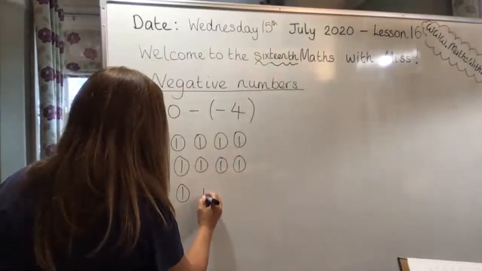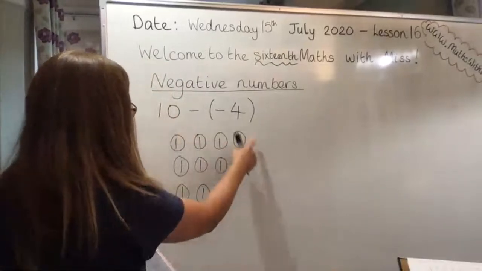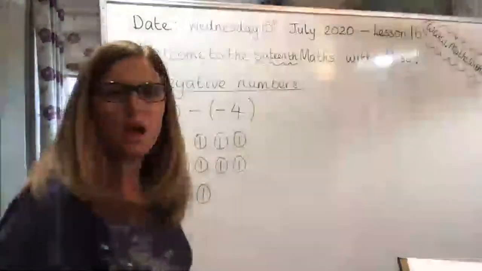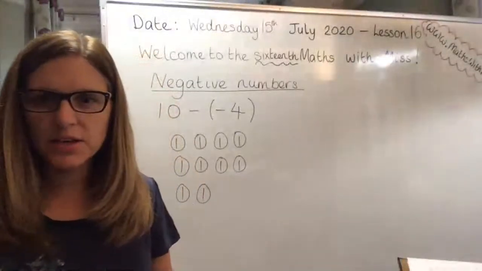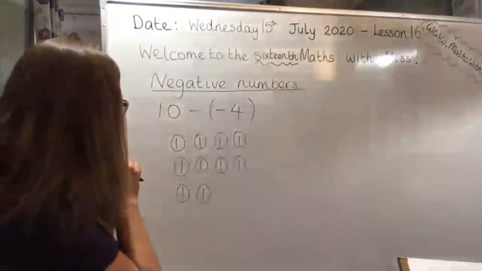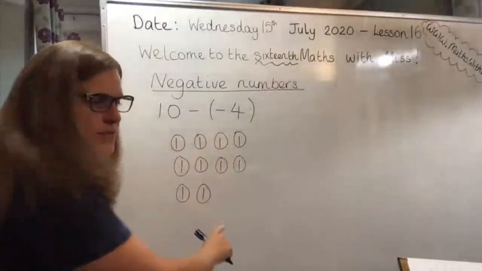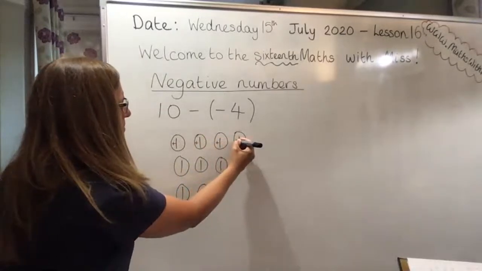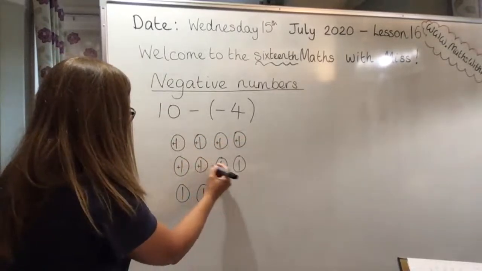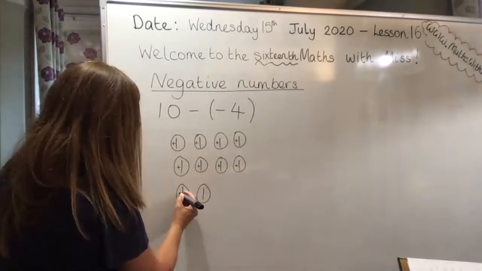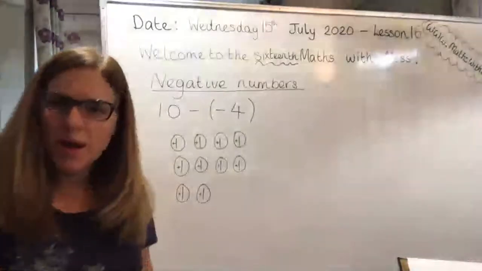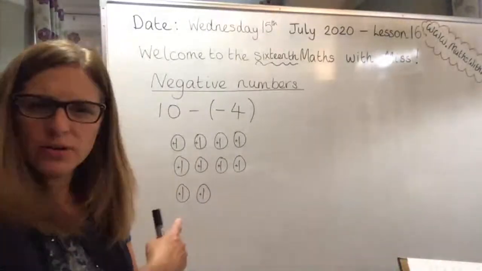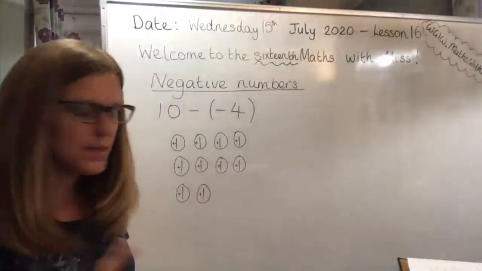So there's my 10. I'm subtracting a negative 4. I don't have any negatives here. These are all positive. I haven't written a plus because the positive is implied, isn't it? But I need to subtract a negative. I haven't got any negatives. I need to make some.